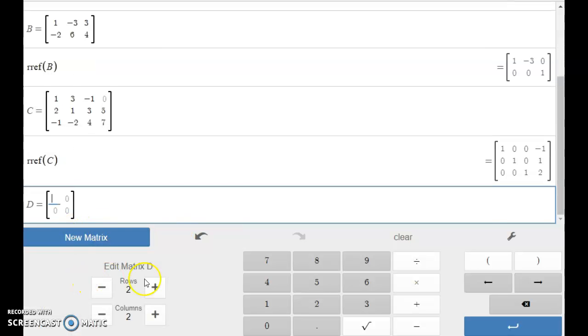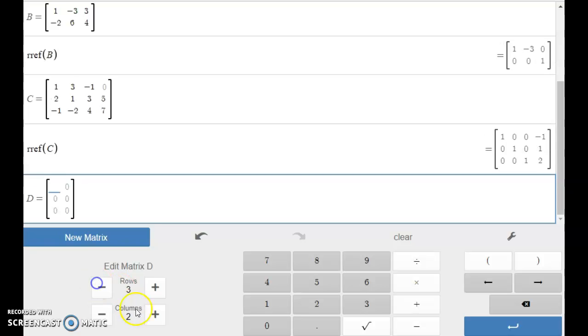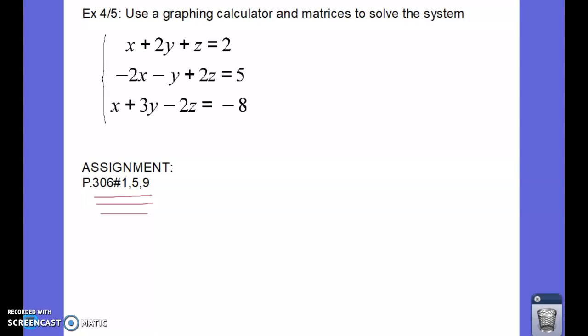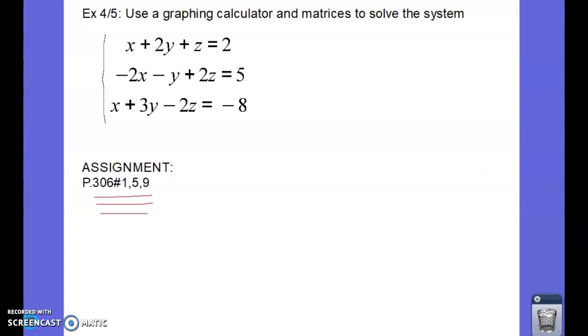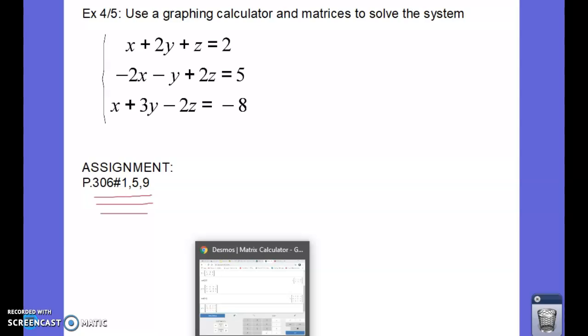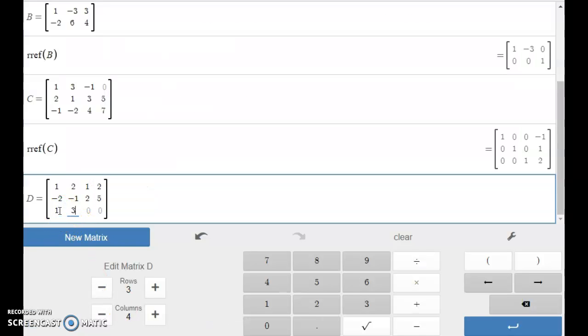So make a new matrix. I'm going to call it D. Change your rows. So this is a 3 by 4 matrix. And it's 1, 2, 1, 2. -2, -1, 2, 5. And then 1, 3, -2, -8. Just double checking.